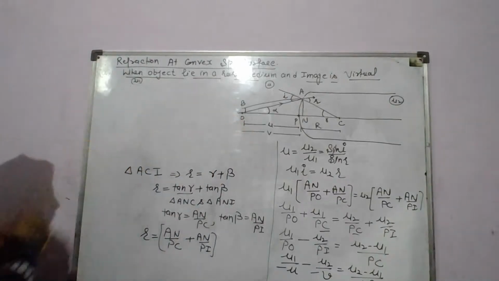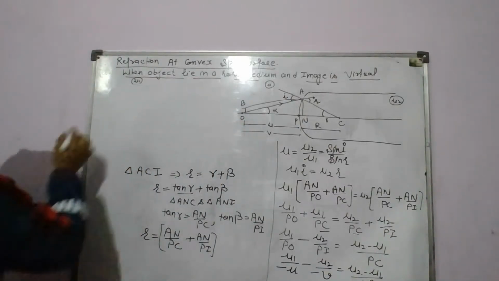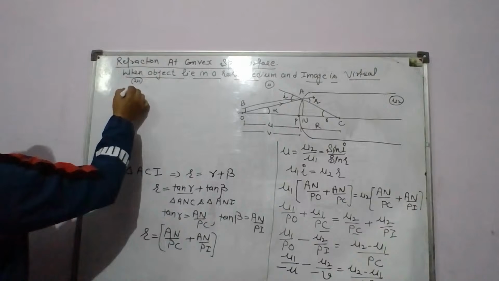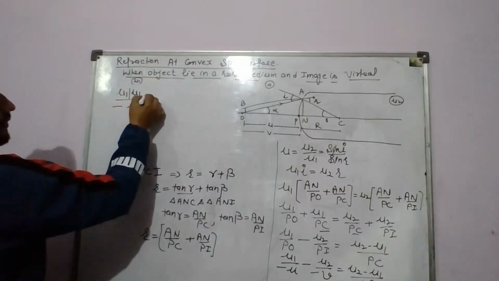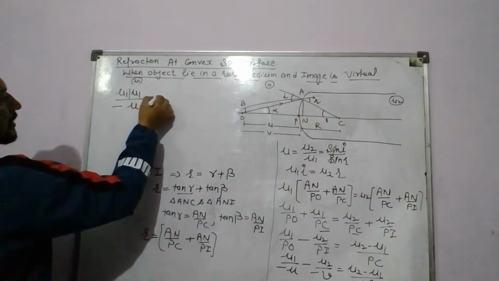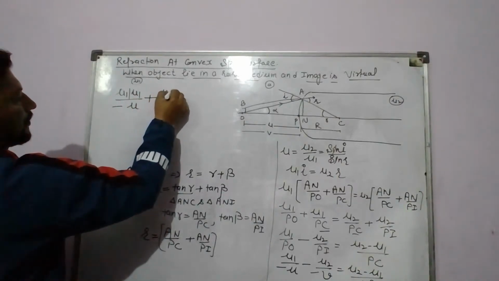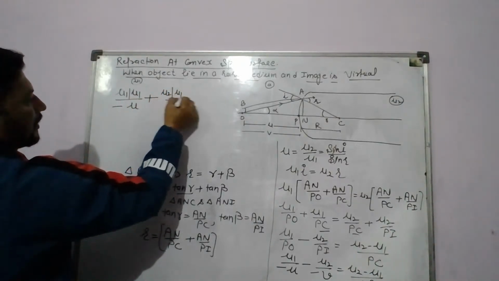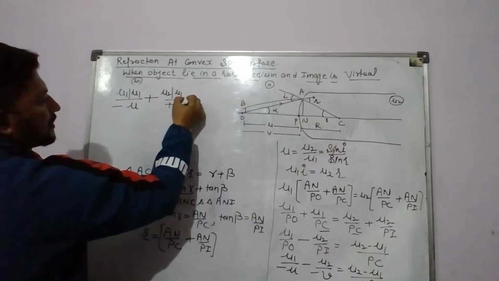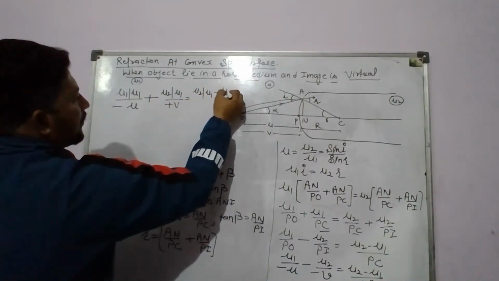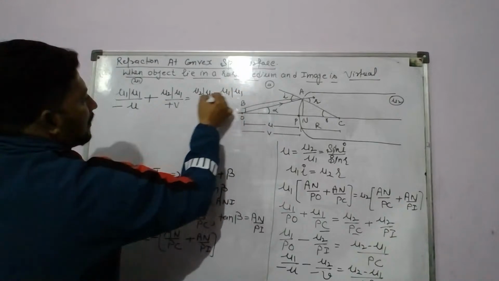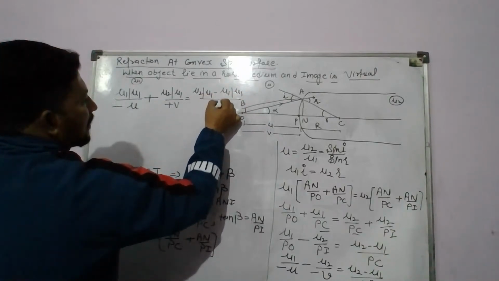So you can see here, mu1 by mu1 divided by minus u minus minus plus mu2 by mu1 divided by plus b is equal to mu2 by mu1 minus mu1 by mu1 divided by plus r.